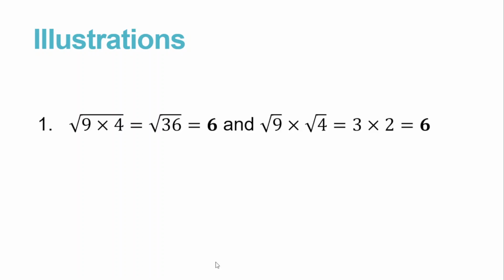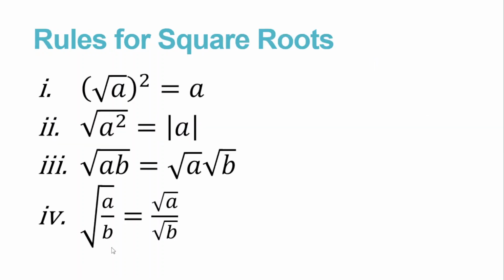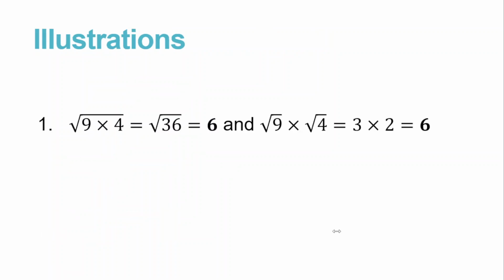Let's have illustrations first. So for example, we have this. This is the third law. Let's say we have the square root of 9 times 4.